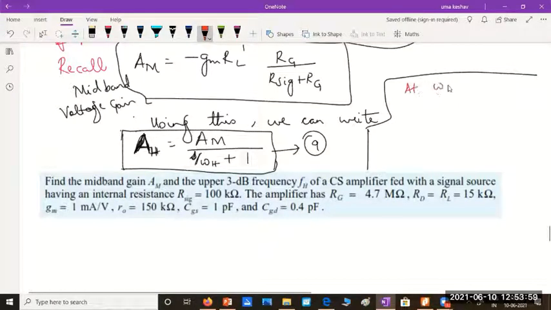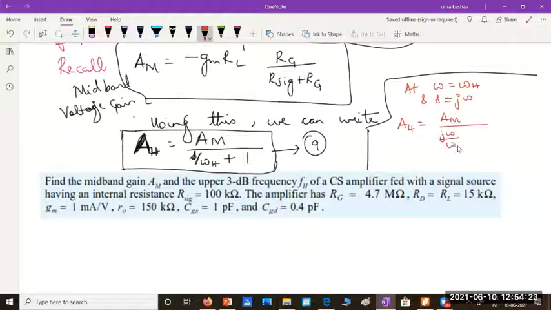At omega equal to omega H, and we know S can be written as j omega, the Laplacian S can be j omega. So AH can be AM divided by j omega by omega H plus 1. When I take omega equal to omega H, what will happen to this? This will be 1. Omega and omega H are the same.